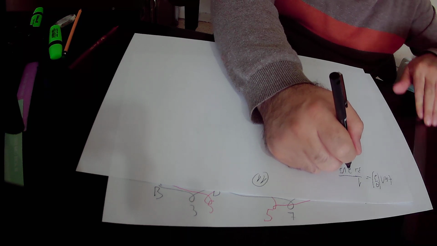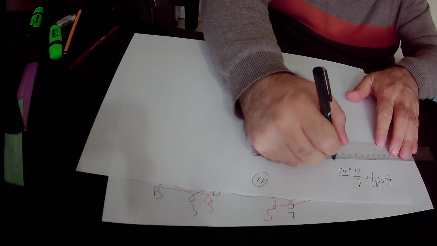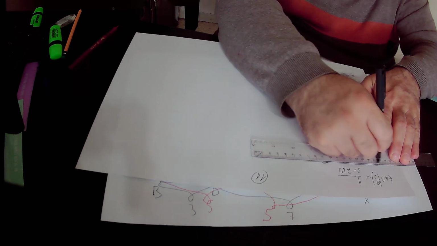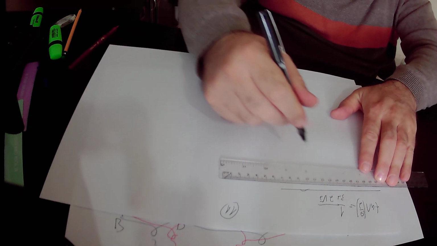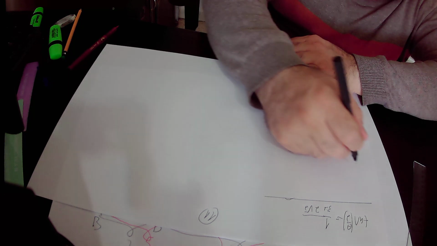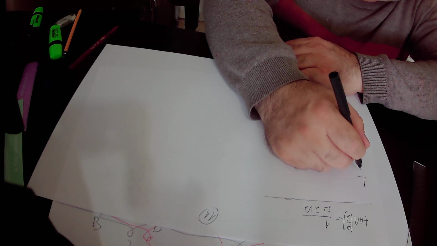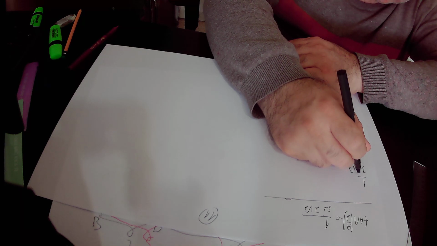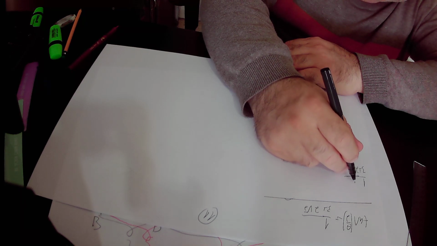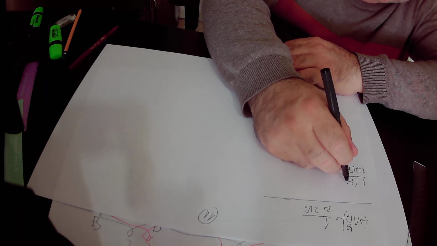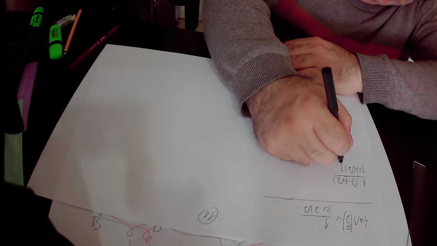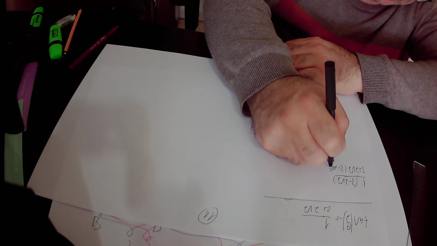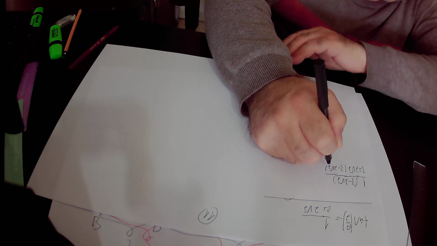So here we will simplify this expression. Actually, the expression 1 over 3 plus 2 times square root of 2, we can multiply by 3 minus 2 times square root of 2, and then divide it by 3 minus 2 times square root of 2.